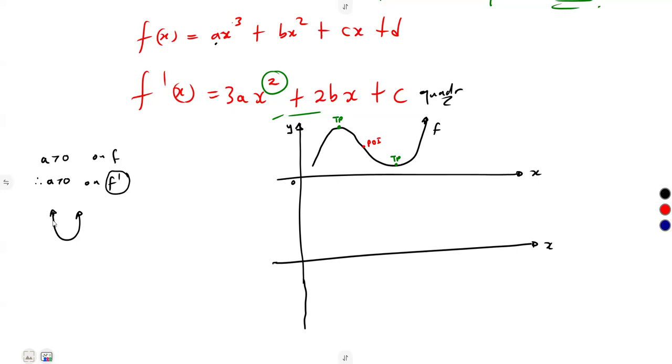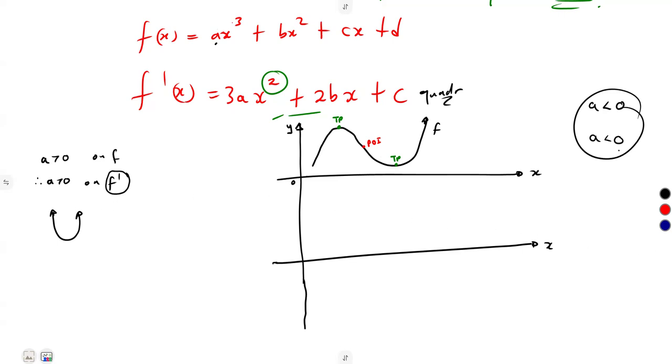Concave up. If your cubic function, your a is less than 0, also for quadratic, a is less than 0. So it will be concave down. So in our case, our a, considering that it is greater than 0, that's the shape of a cubic function that we have. So therefore, our quadratic is supposed to be concave up.